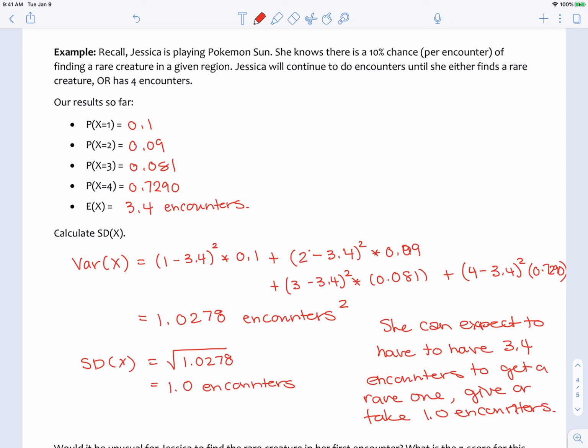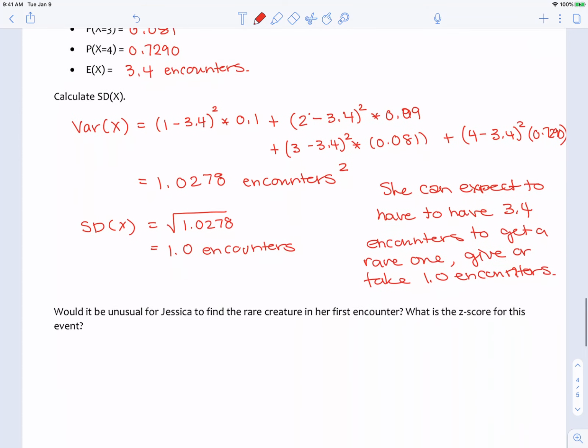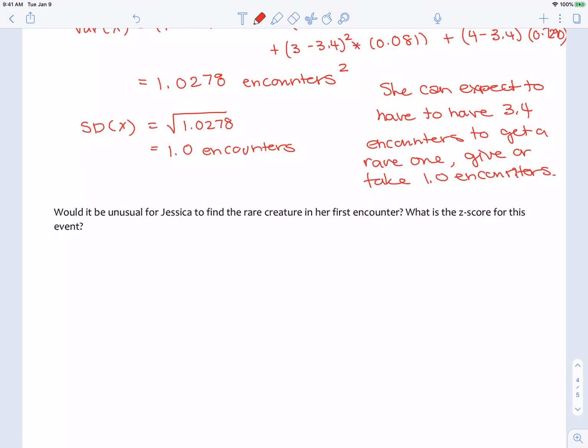So again, our interpretation of the expected value and standard deviation together takes that similar form to what we were looking at with the sample data. We have an expectation of this amount, give or take some wiggle room that we're calculating with the standard deviation. That is a U. Let's make that a little clearer. There, encounters. All right.